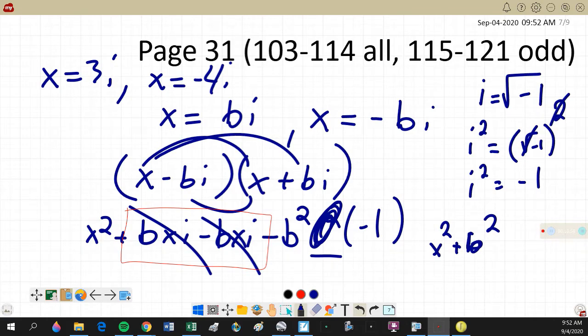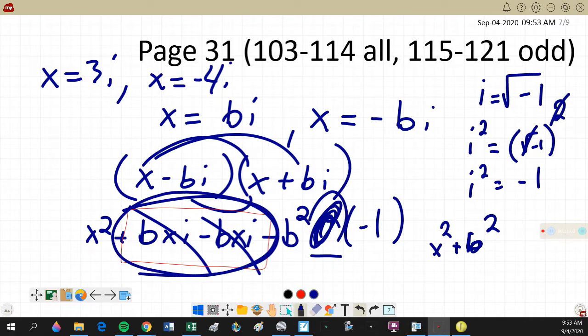No. This will not happen, right? The i squared will still happen, but I will end up with a middle term that contains i's, and we only deal with quadratic equations that have real number coefficients.